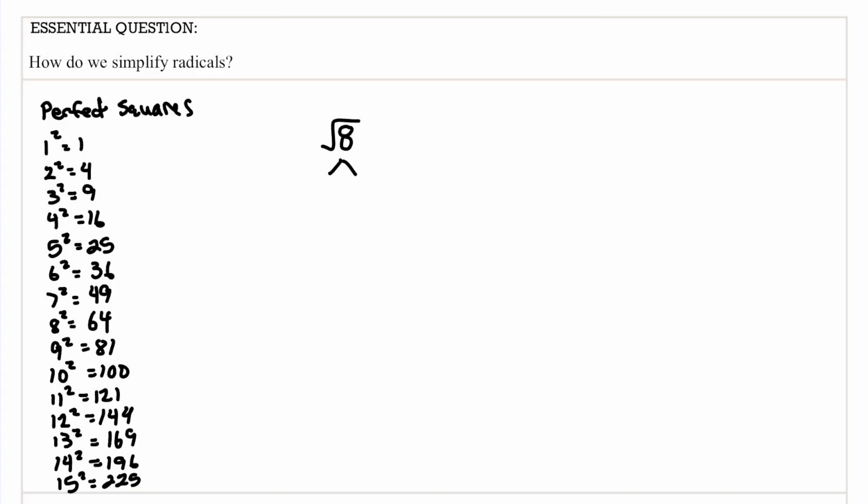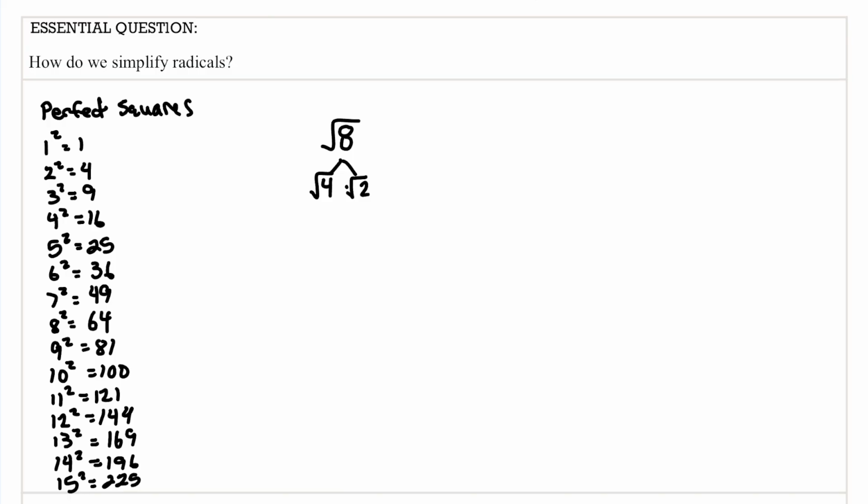We can start with 4, since 9 isn't going to divide 8, and anything greater than that's not going to divide 8. And so 4 does divide 8. So we could break up 8 into the square root of 4 times the square root of 2.